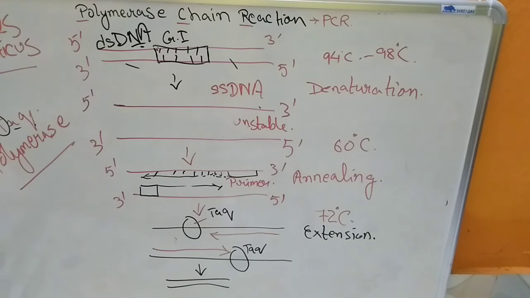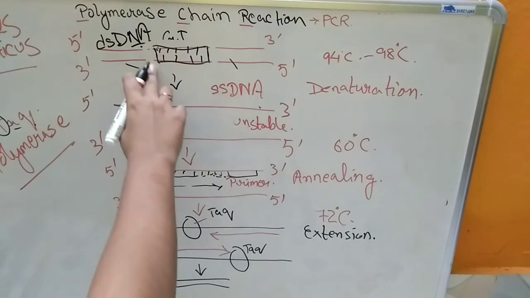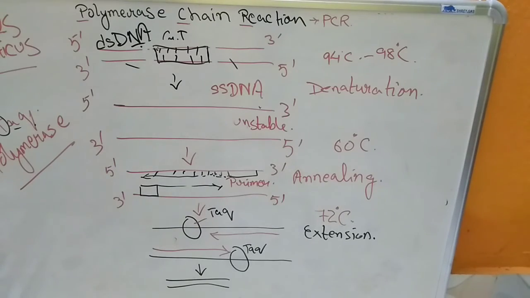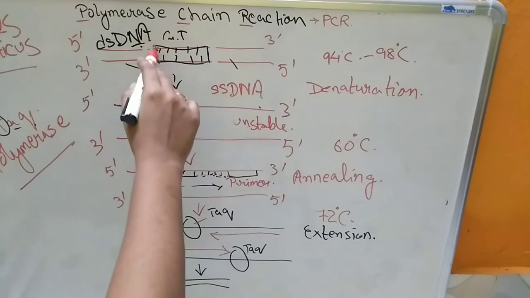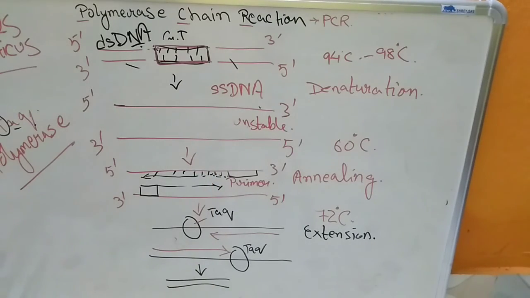So this is how we are getting multiple copies of the GI, that is the gene of interest. Now see student, we are getting only one gene of interest in the first DNA molecule. After doing one round of PCR we can get two segments of the GI.